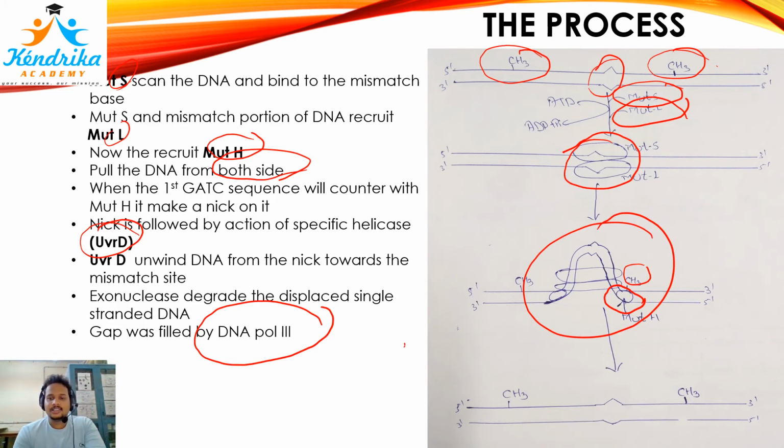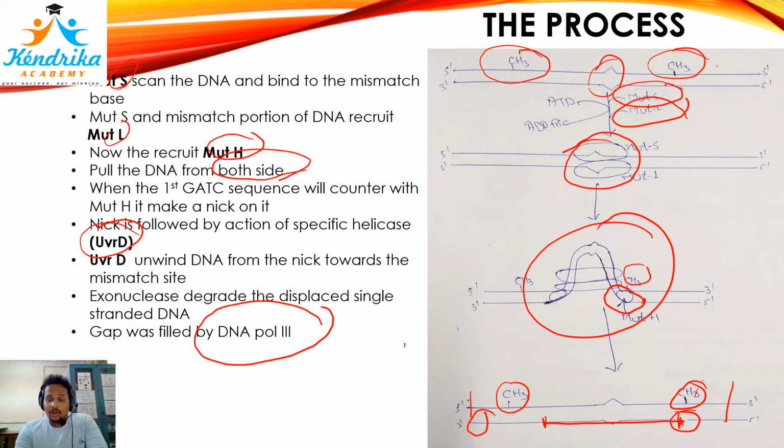So you can see here, if this is CH3 and CH3, this is 5' and this is 3', and if the cut is on the 5' side, and if it is here, it will be the 3' side. So which helicase will you see here? UvrD came, I just said this one like that, but a specific helicase is required to remove this DNA.